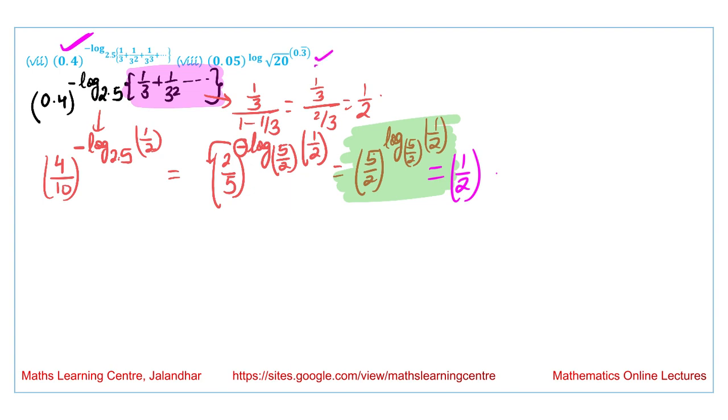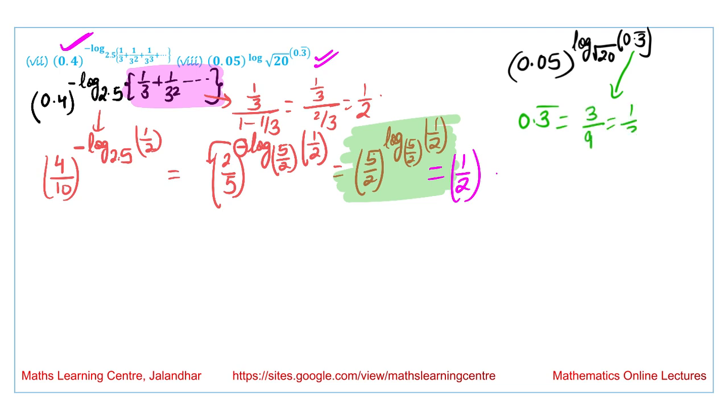In this second question, the problem I am discussing over here is 0.05 raised to the power log base square root of 20 of the number 0.3 bar. First, we know that this 0.3 bar we can write as 3 by 9, which is equal to 1 by 3. If you look at 0.05, we can write it as 5 by 100, that is equal to 1 by 20.